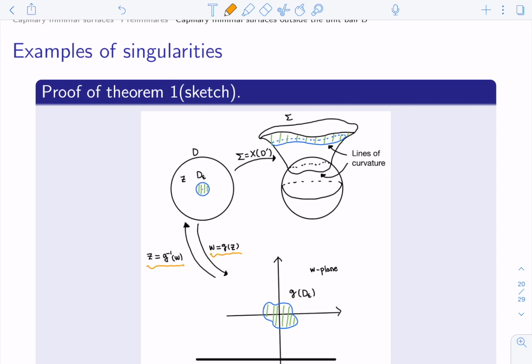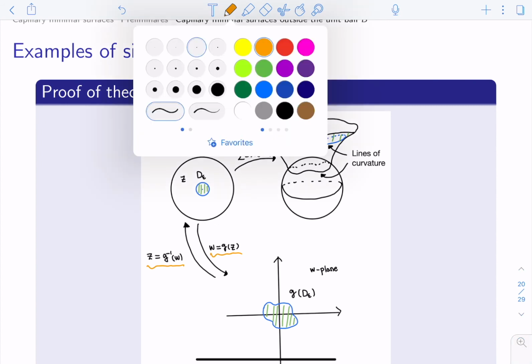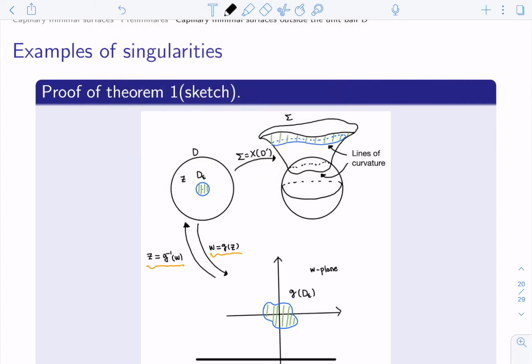We don't know that the image of D epsilon under the Gauss map is a concentric disk, but we still know that we can reparameterize the surface with the inverse of the Gauss map locally.